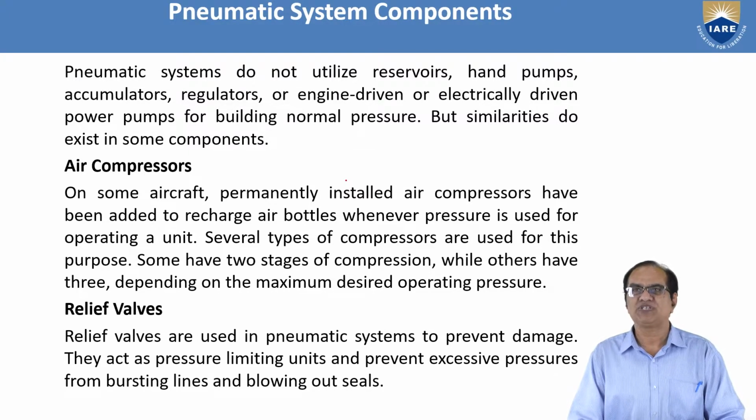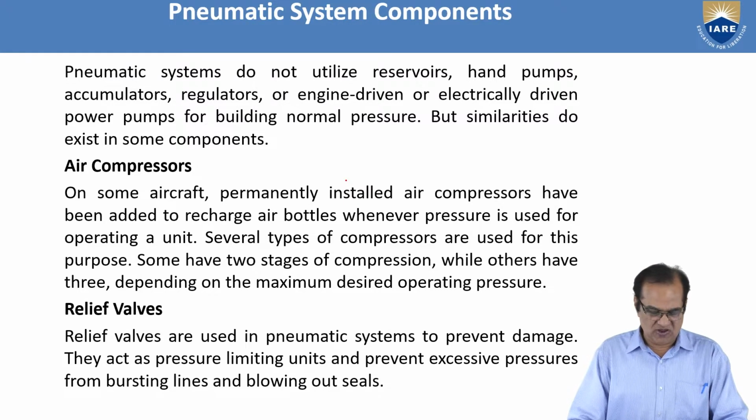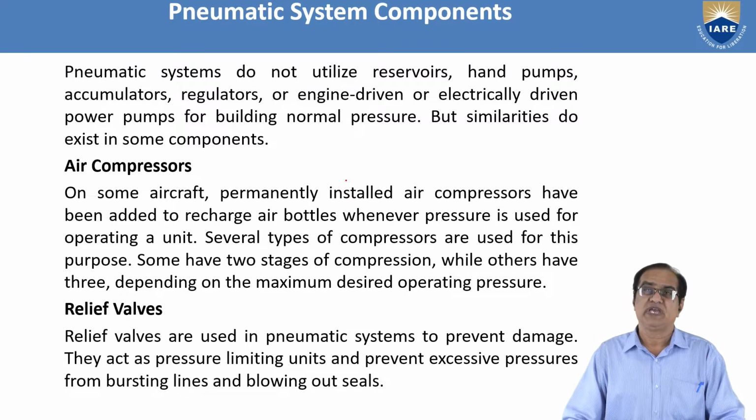Some have 2 stages of compression, while others have 3, depending on the maximum desired operating pressure. Relief valve. Relief valves are used in pneumatic systems to prevent damage. They act as pressure limiting units and prevent excessive pressure from bursting lines and blowing out seals. So here we have the air compressor.